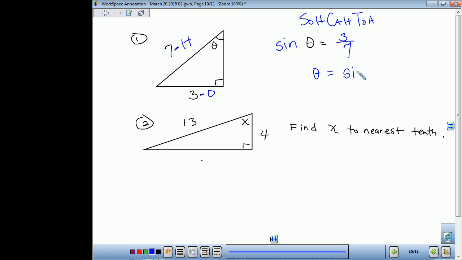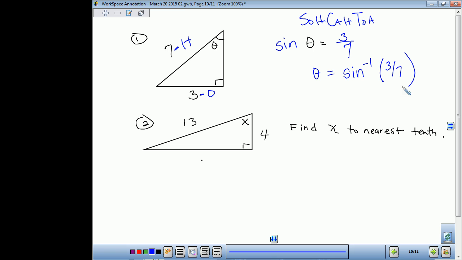Because this is sine, we're going to use the inverse of sine, which you should see a little button on your calculator that looks like this. Sine to the -1. And we wouldn't read it as sine to the -1. We would say inverse sine. And if you're using the class set of calculators, the way you find inverse sine is you're going to use that sine button on the calculator, but you have to punch it twice to get this to show up.